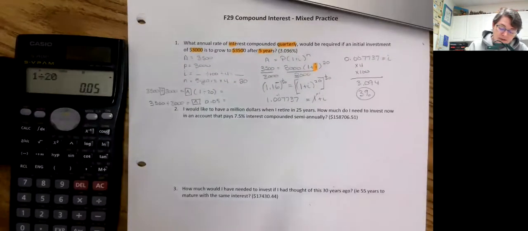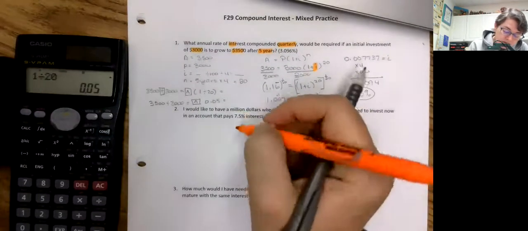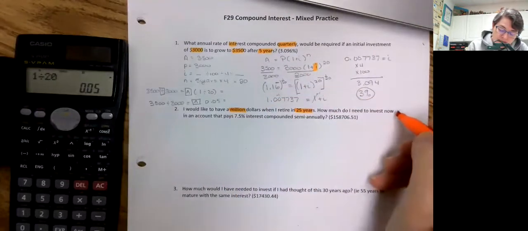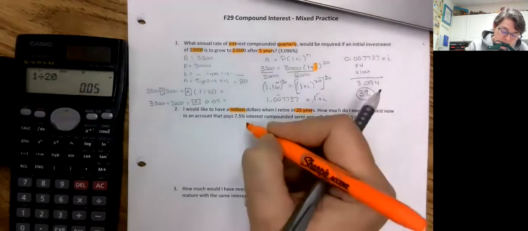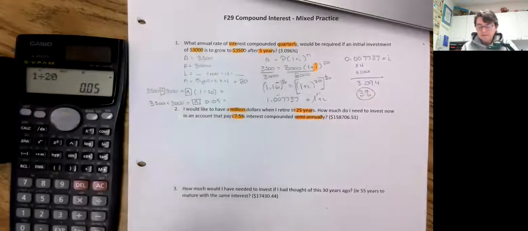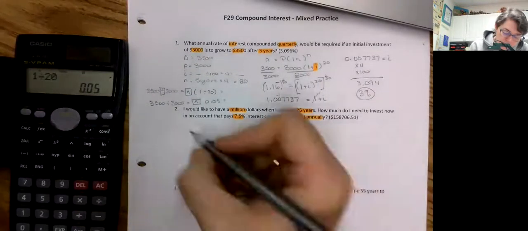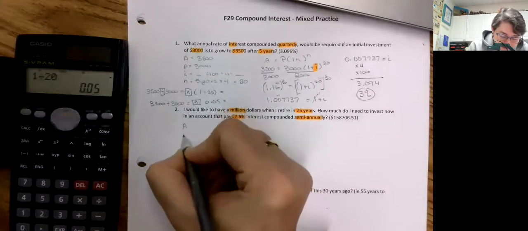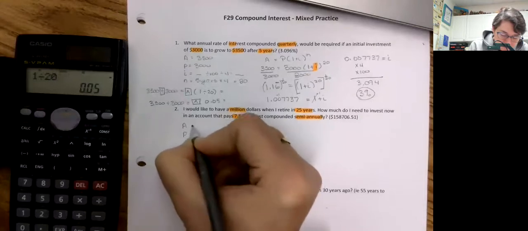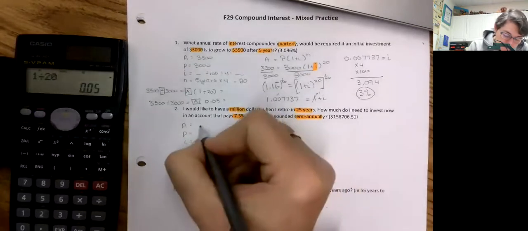I would like to have $1 million when I retire in 25 years. How much do I need to invest now? We got 7.5% semi-annually. Let's see. A, P, I, N. So $1 million.